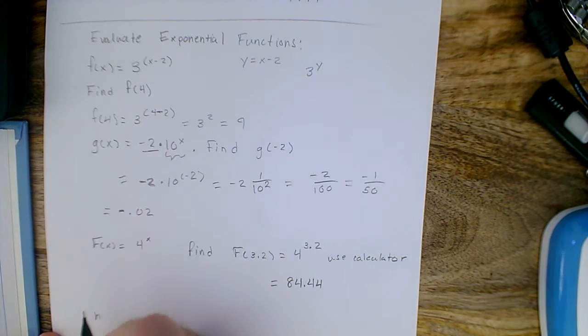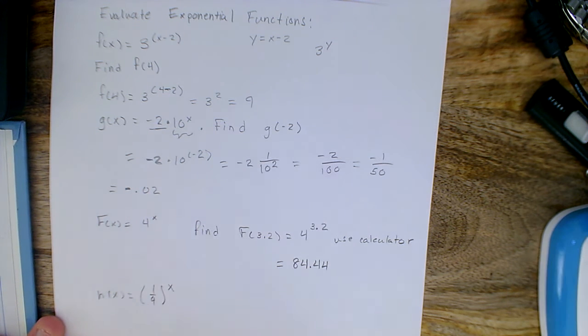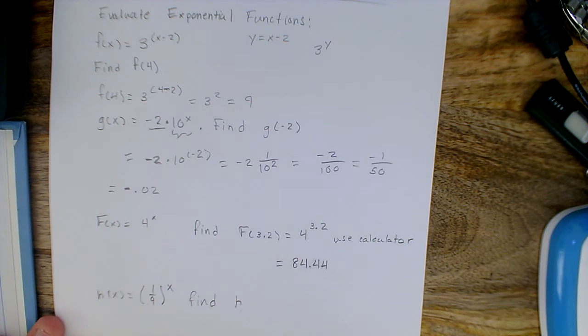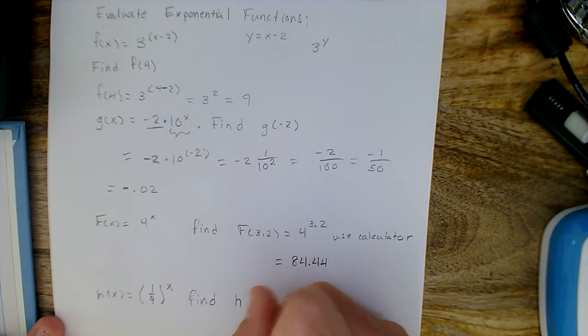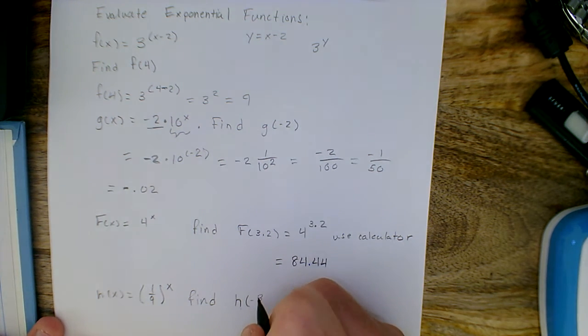So what about h of x equal to 1/9 to the x power. Find h of negative 3 halves.